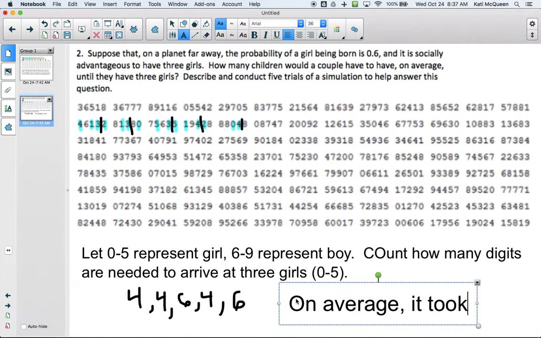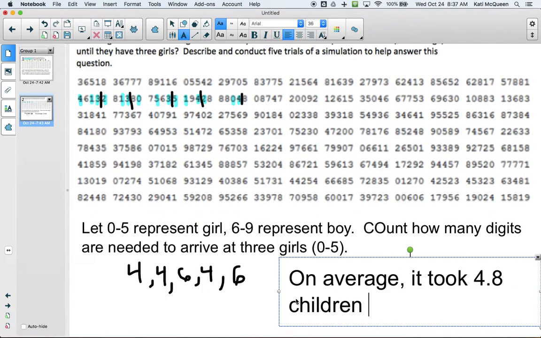So I'm just going to add my 5 results and divide by 5. So I get 4.8. So on average, it took 4.8 children to have 3 girls.